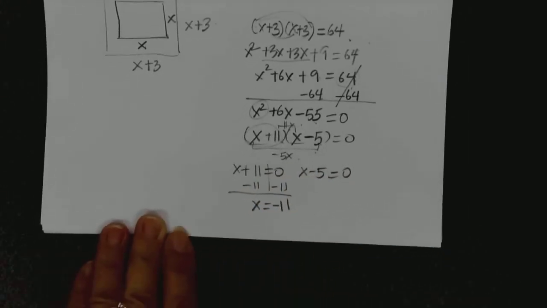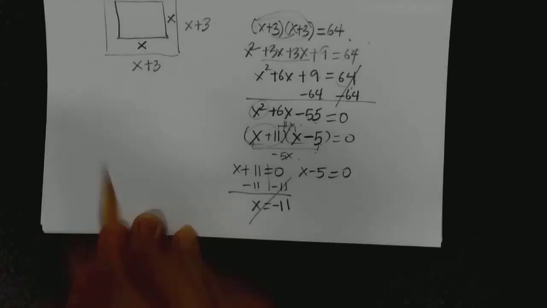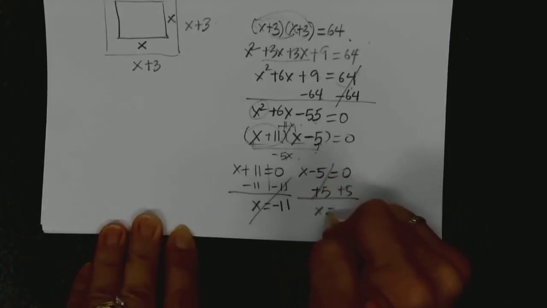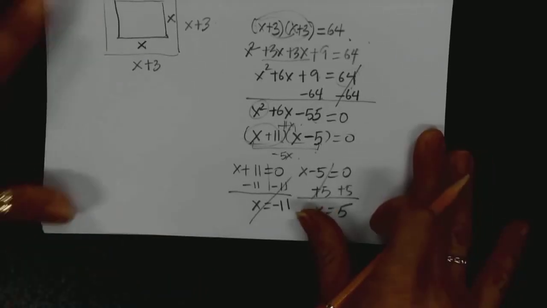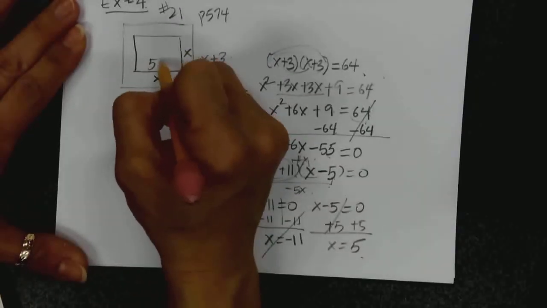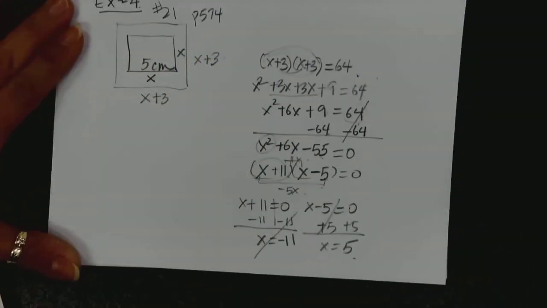Because we're looking for the dimensions of a square, my length cannot be negative, so negative 11 is not a choice. I want to know the original dimension. When I add 5 to both sides, x is equal to 5. So the original dimension of the square was a length of 5 centimeters. Okay?